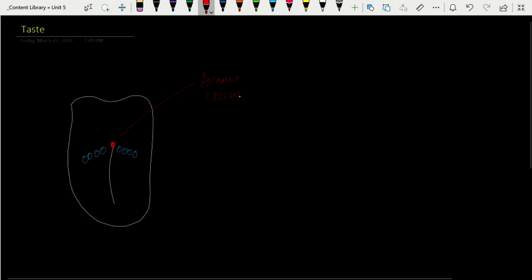What that gives us, though, is a border where we can see the posterior 1/3 and the anterior 2/3 of the tongue.